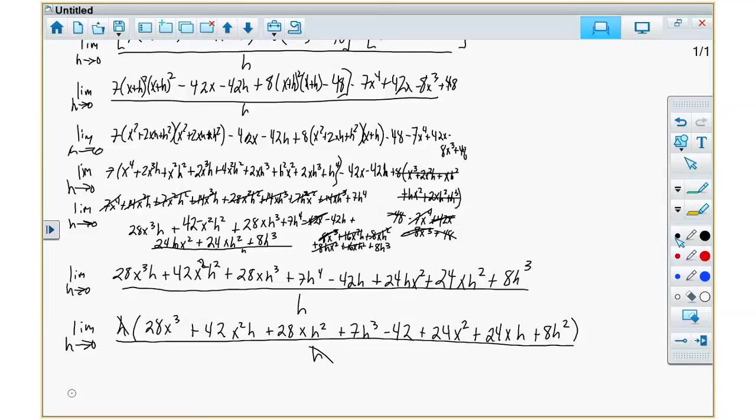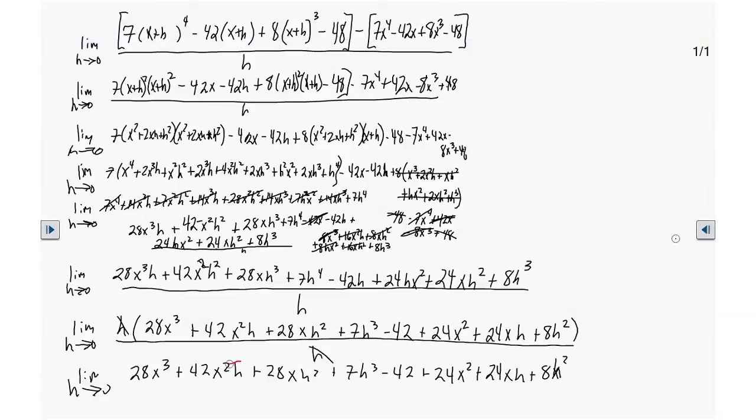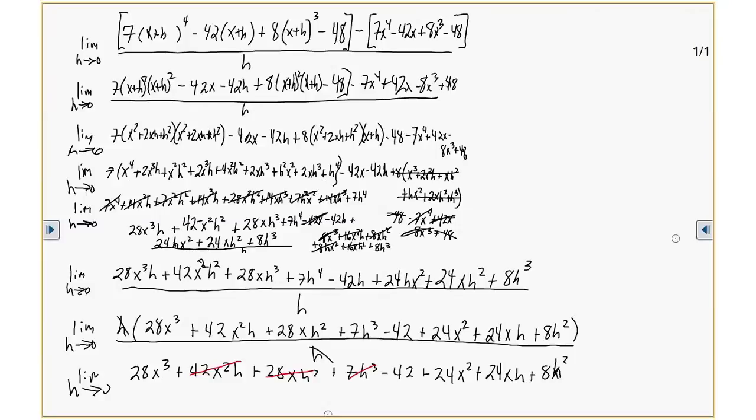Limit as h approaches 0 of 28x cubed plus 42x squared h plus 28xh squared plus 7h cubed minus 42 plus 24x squared plus 24xh plus 8h squared. And then take our handy dandy red pen, and that limit takes out this one, this one, this one, this one, and this one.